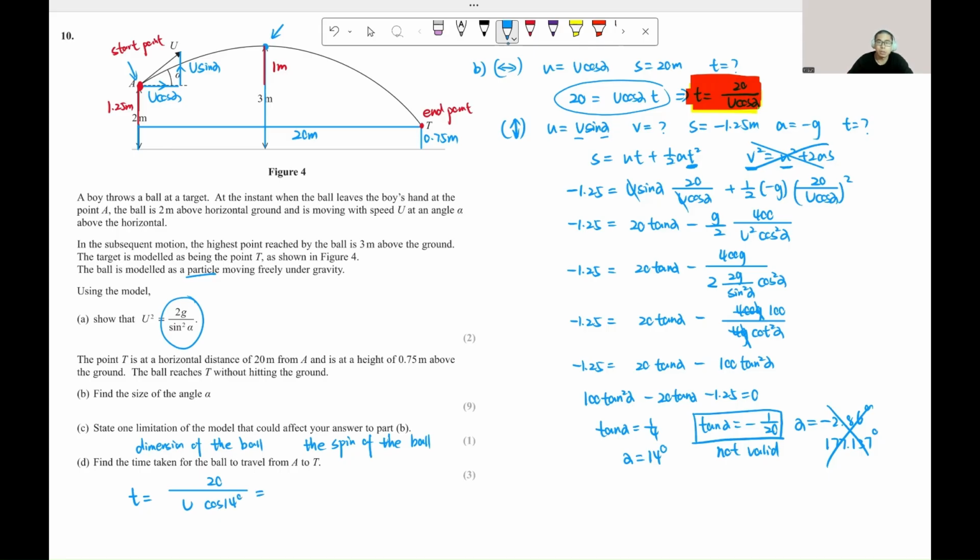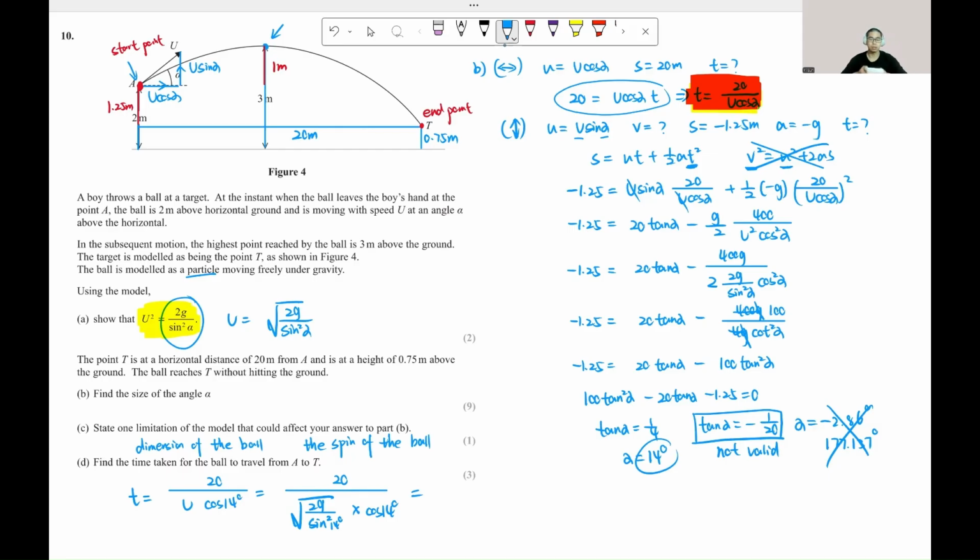And then we know U squared is equal to 2g over sine squared alpha, so that means U is just equal to the square root of 2g over sine squared alpha. So 20 divided by the square root of 2g over sine squared of 14 degrees, and then we times by cos 14 degrees.